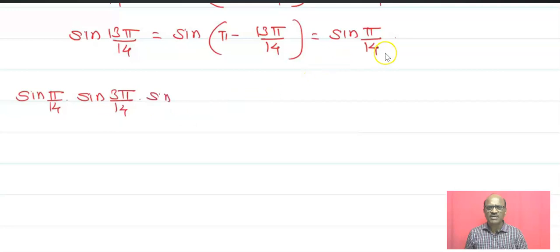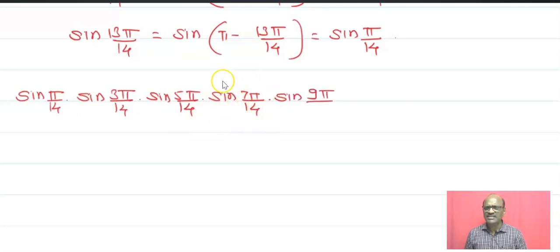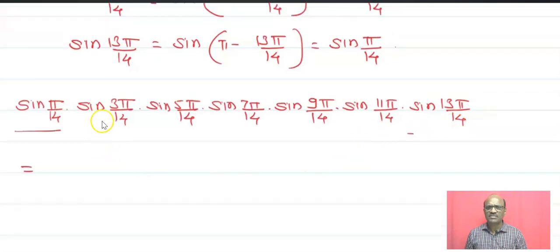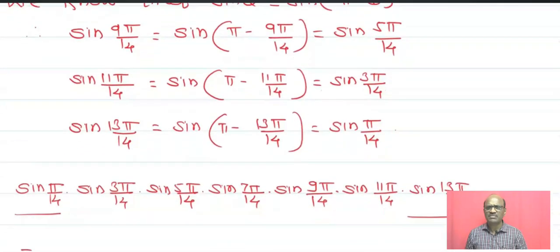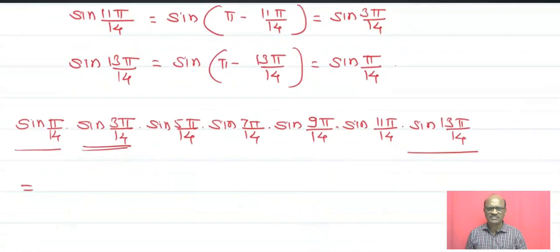The value of sine of pi by 14 is nothing but sine of 13 pi by 14, and likewise sine of 3 pi by 14. The main thing is that sine of 7 pi by 14 is nothing but sine 90, and the value of sine 90 is 1. Therefore, we always compare these terms: sine of pi by 14, sine of 13 pi by 14, sine of 3 pi by 14, sine of 11 pi by 14. Their corresponding terms are here.